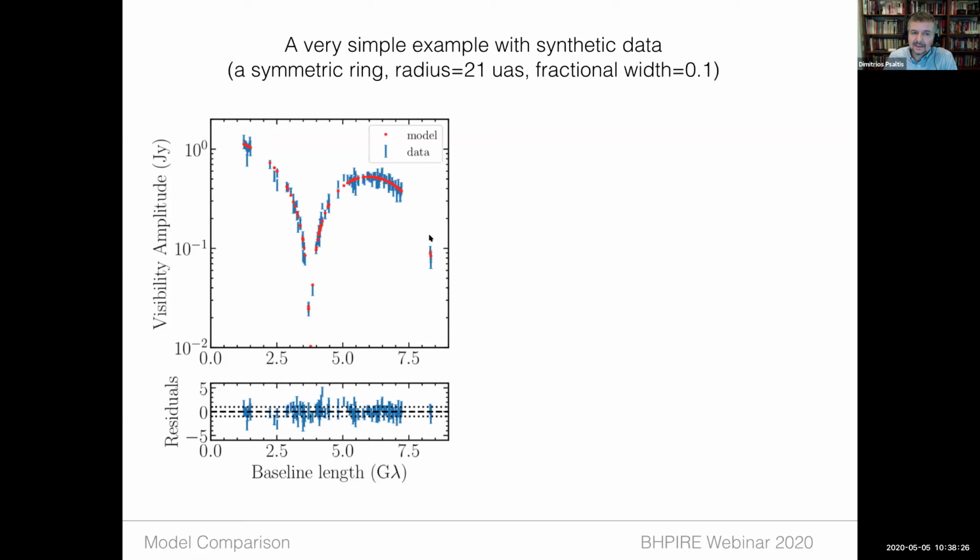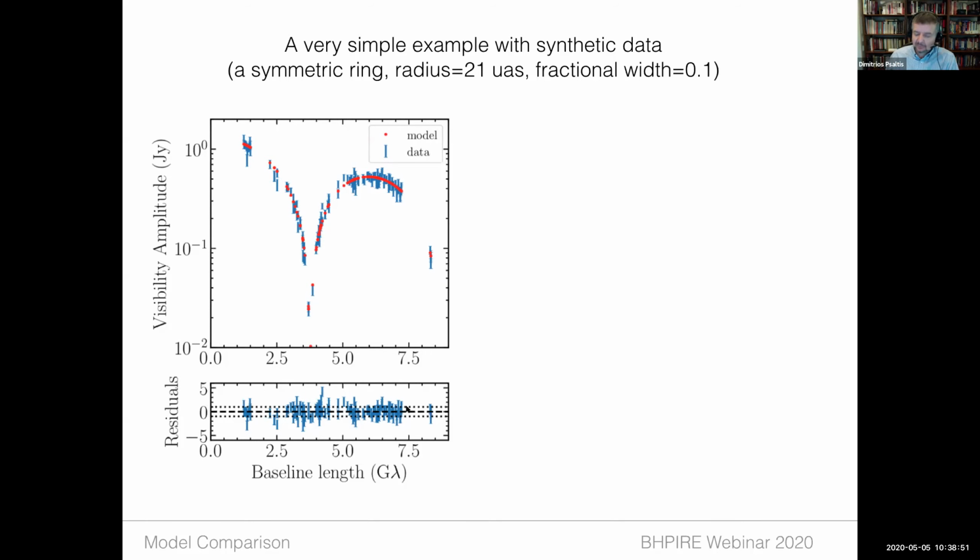And this is the data that it generated, just to make sure that everything works the way we expected. I then tried to fit those data with a similar model, one that in principle allows for an asymmetric crescent, but one of the possibilities is a perfectly symmetric ring. I have a beautiful fit with residuals that are completely consistent with the thermal noise that I introduced.